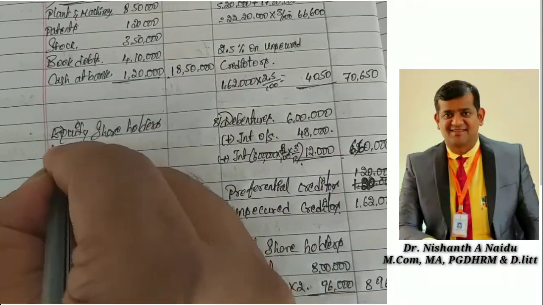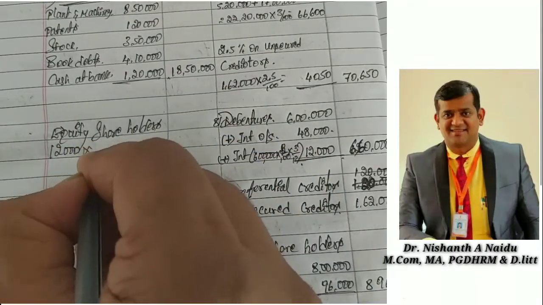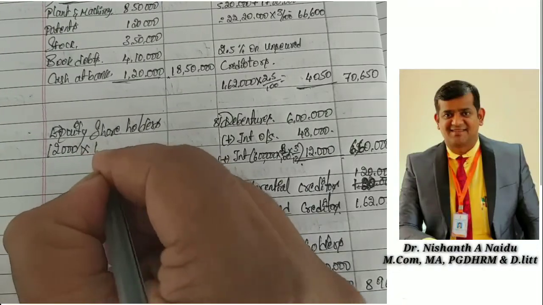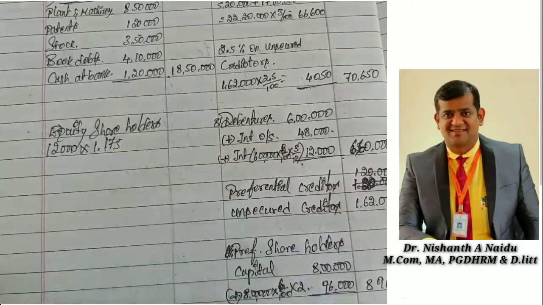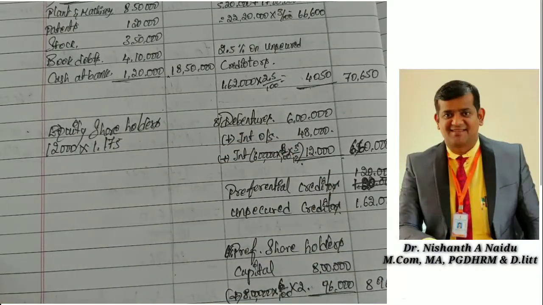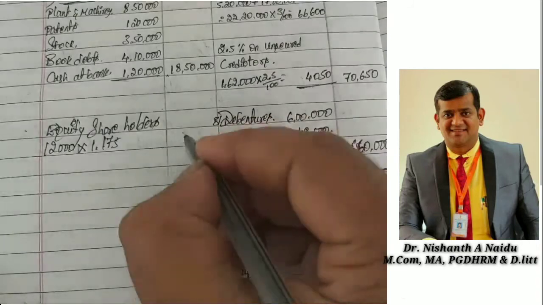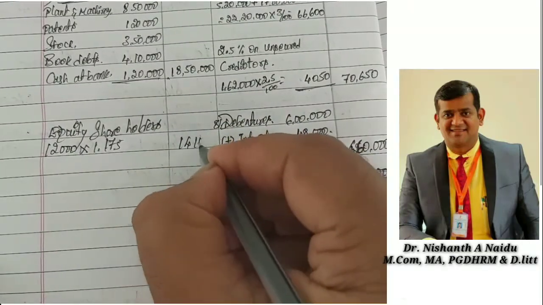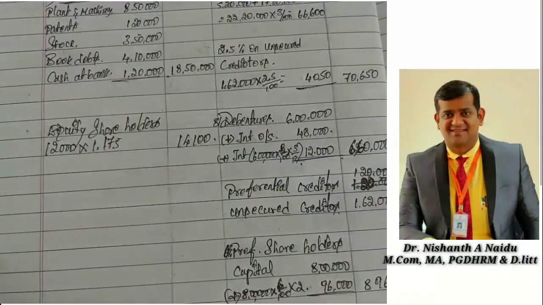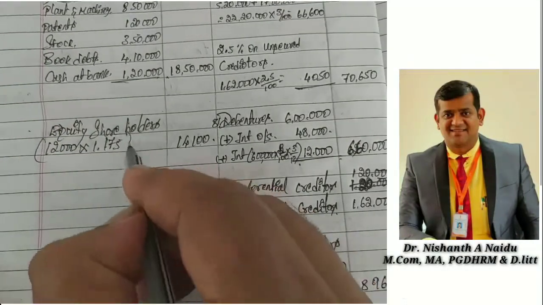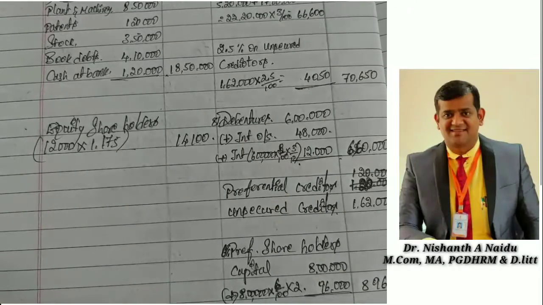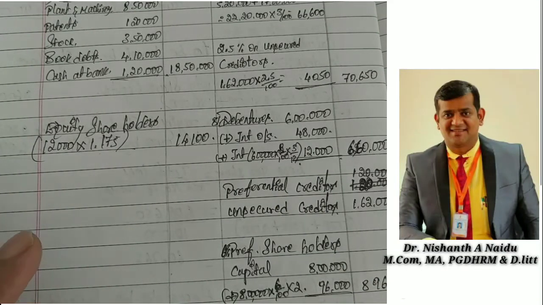The 12,000 equity shareholders will bring 1.175, so that is 12,000 into 1.175, which is 14,100. They are bringing this in at the rate of 1 rupee 17.5 paise to the business, to match up the loss.